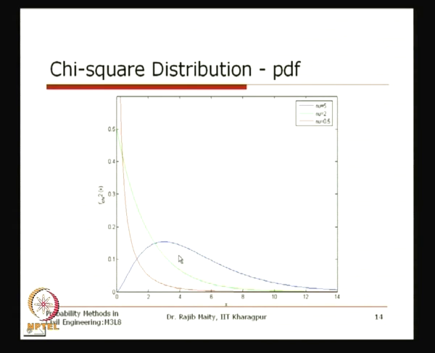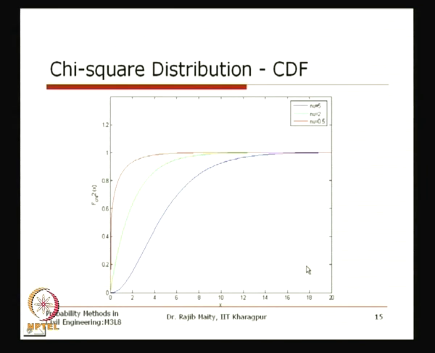If the degrees of freedom increase, the distribution generally becomes more symmetrical. These are the cumulative distributions for those three chi-square PDFs shown in the last slide.